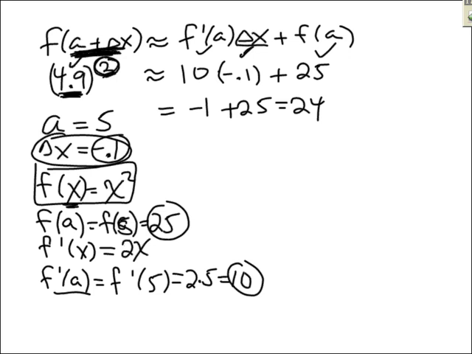We want to do 4.9 squared. My calculator tells me that 4.9 squared is 24.01, which was pretty close. Okay, let's try one more.